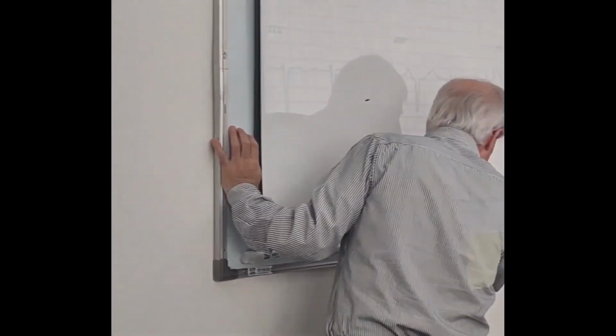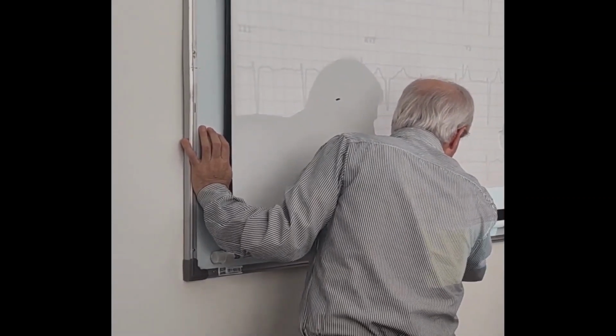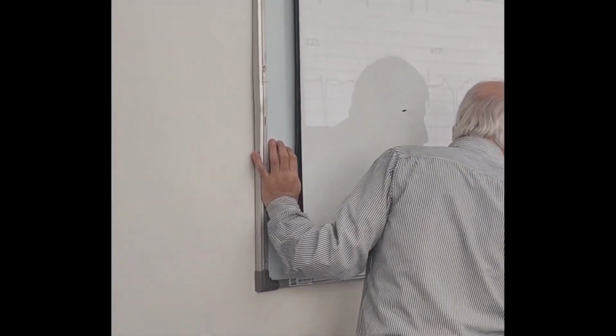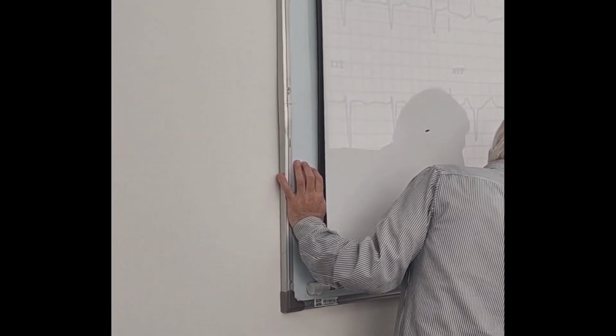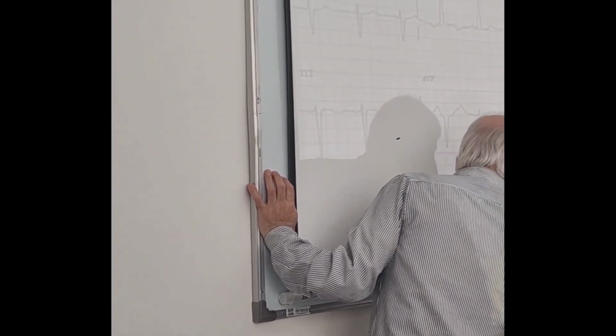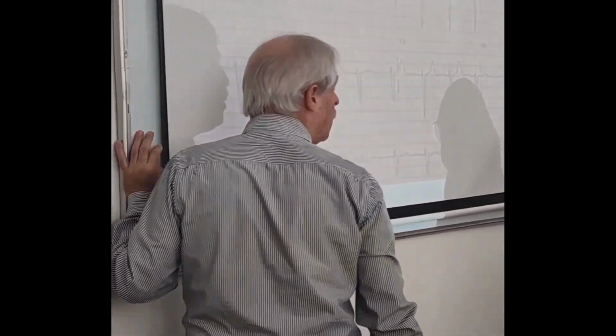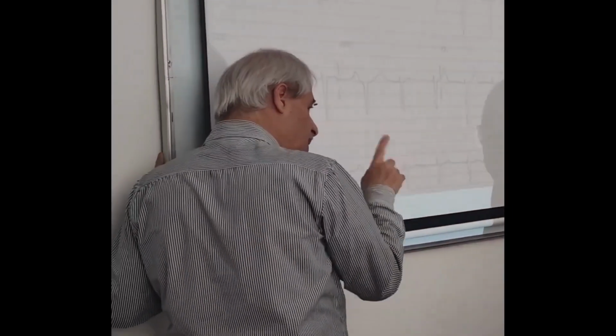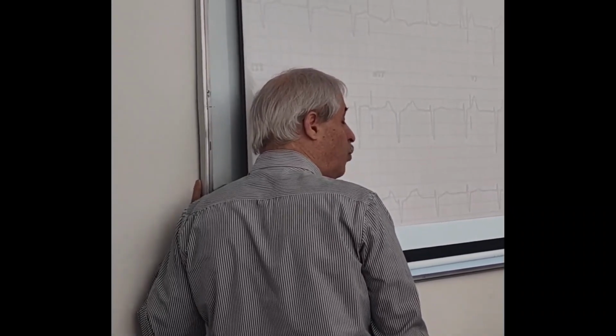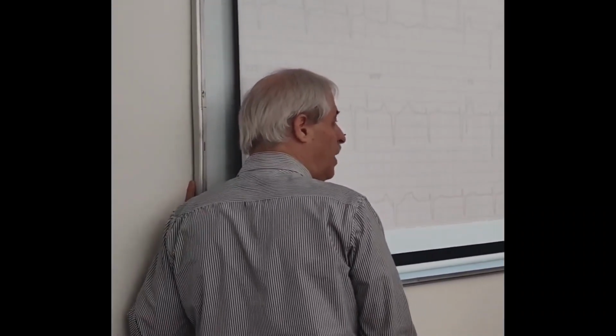How many small boxes can we count here between these two QRS complexes? 5, 10, 15, 20, 21. Am I right? 1,500 over 21. How many?